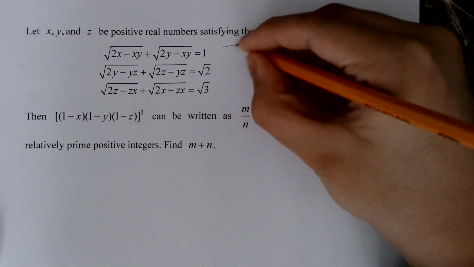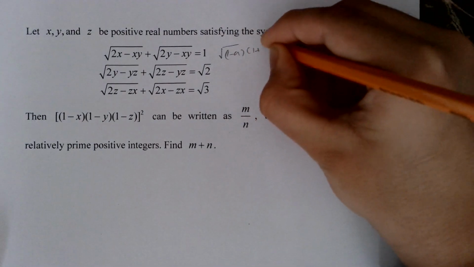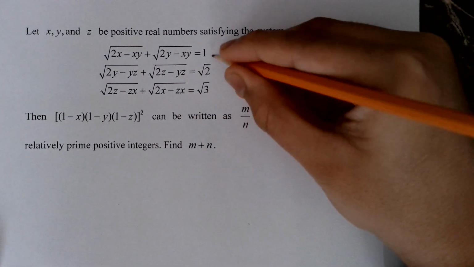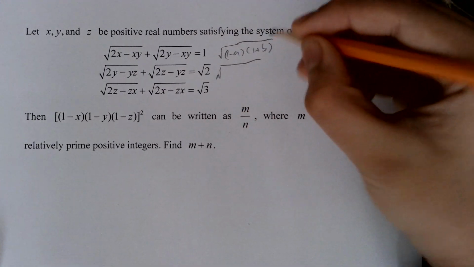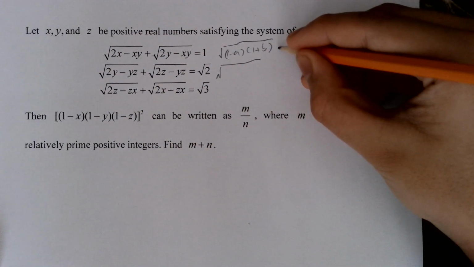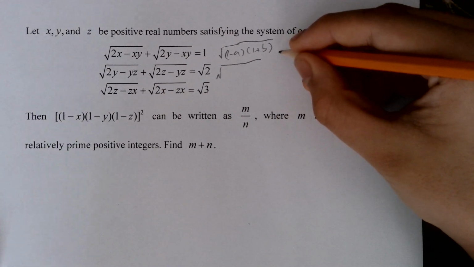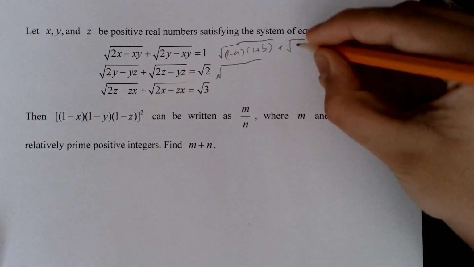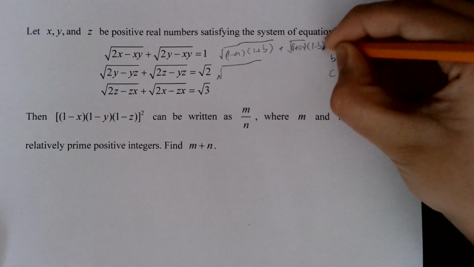So here, now we get square root of (1 minus a) times (1 plus b) plus square root of (1 plus a) times (1 minus b).